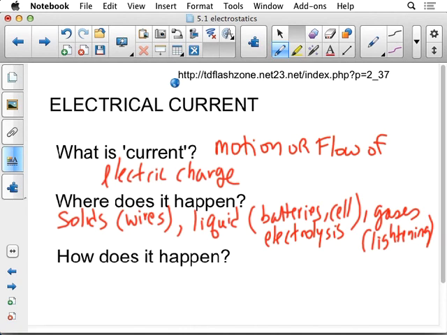Okay? So how does it happen? How does current flow? Why does it flow? Well, there has to be a reason for those charges to move. And the reason is that they are experiencing a force.